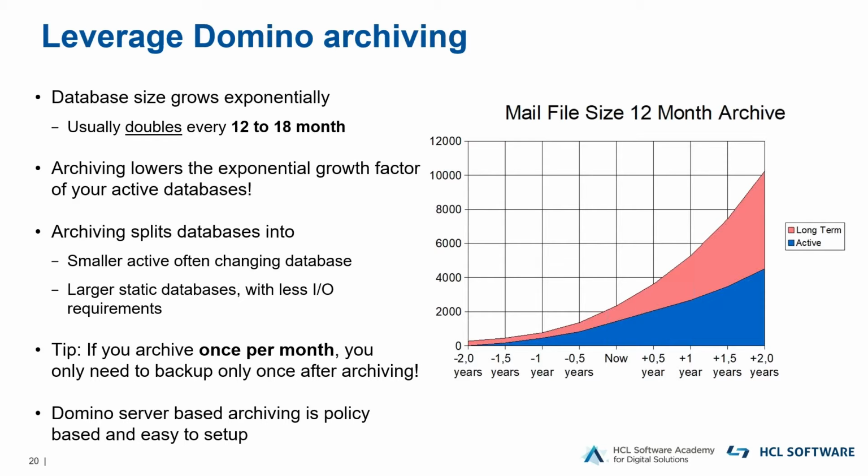So if you split between the active mail database, let's say you put a year or 18 months into your main mail database, and then you have an archive database on a different server where you do a backup every month, do an archive every month, then you only need to back up every month, because only the data will change every month. So you can reduce backup efforts again using archive.